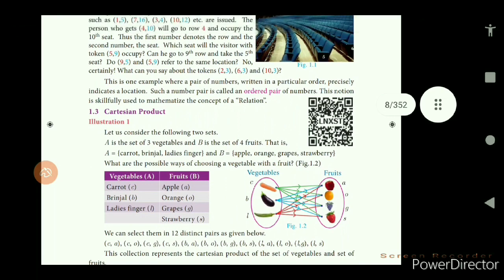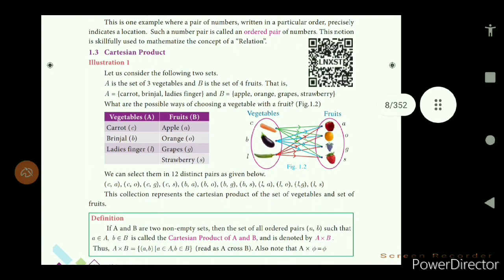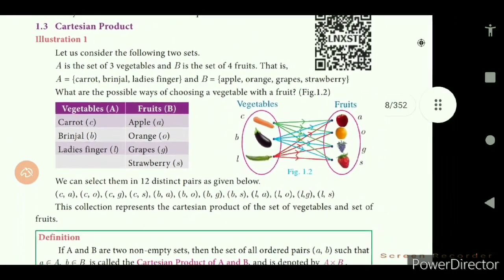Here, two sets are given. A is the set of 3 vegetables and B is the set of 4 fruits. So A contains carrot, brinjal and lady's finger. B contains apple, orange, grapes and strawberry.